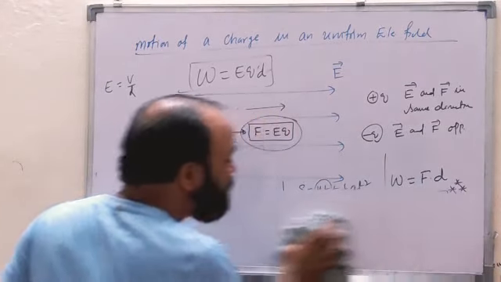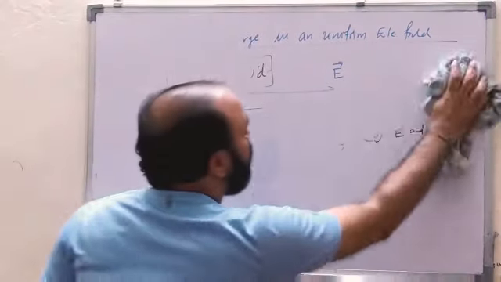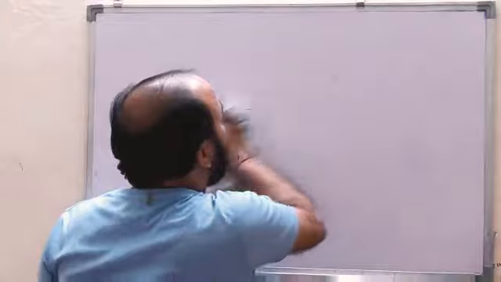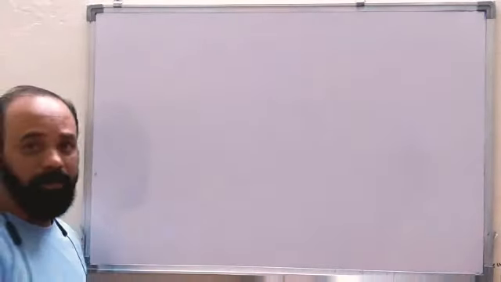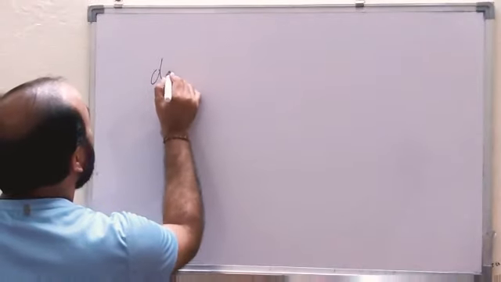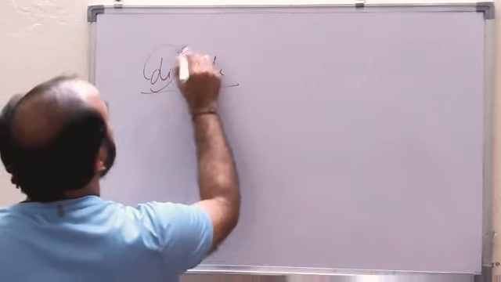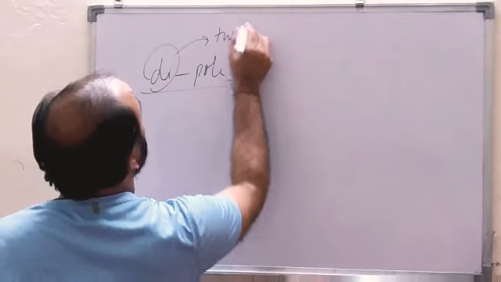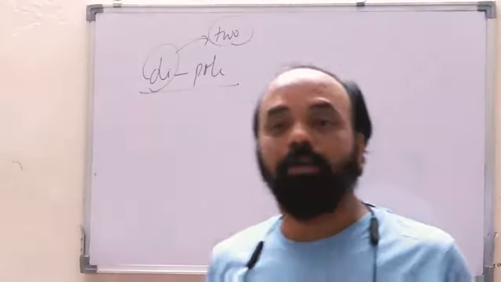Next important concept is dipole. Di means two. Two poles we have. Dipole means, di means two, two poles.